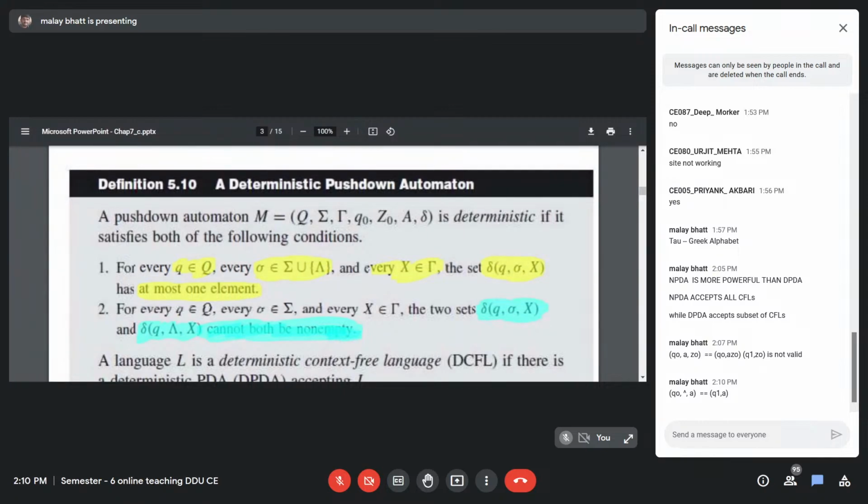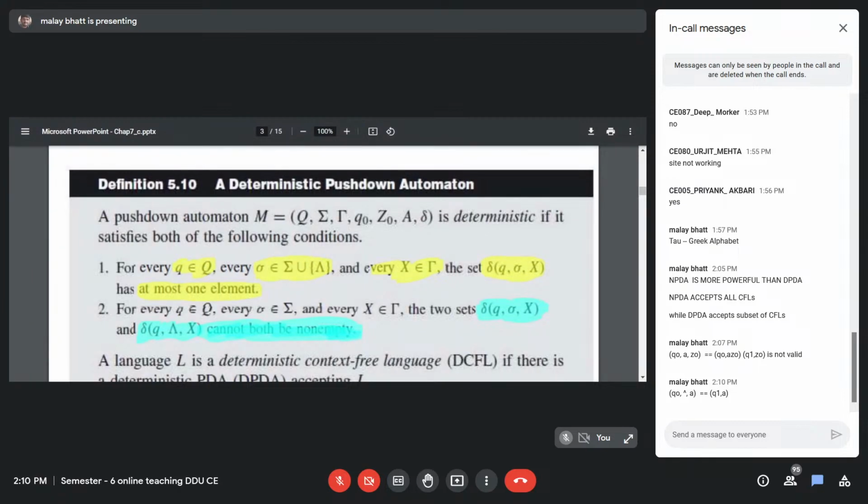Here the state is Q0 and A is on the stack top, so I cannot use Q0 and A with any other input alphabet, so that it becomes a deterministic PDA. And a deterministic PDA will accept deterministic context-free languages.